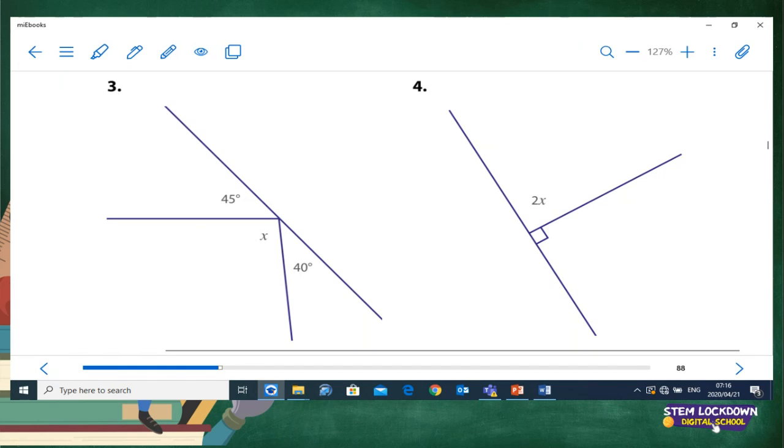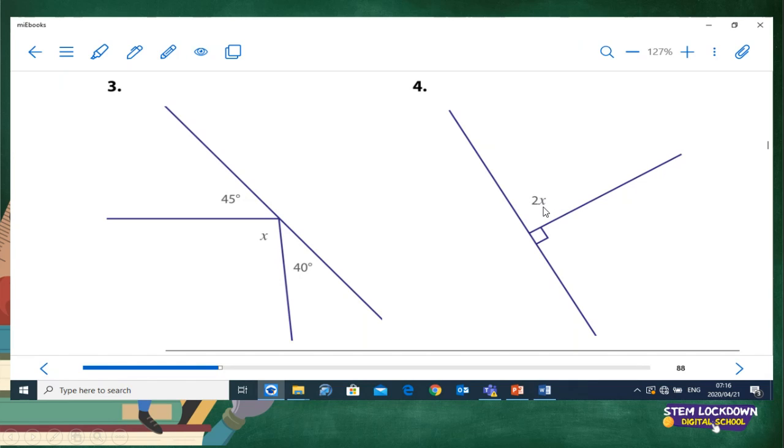Now we know that 2x is equal to 90 degrees, because this 2x is an adjacent angle. And of course, if 2x is 90 degrees, therefore, what will be the value of x? X will be 45 degrees, because 2 times 45 gives us 90.